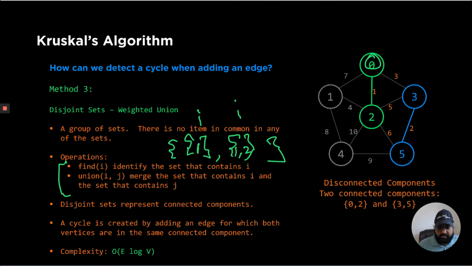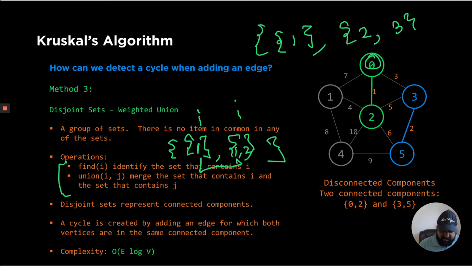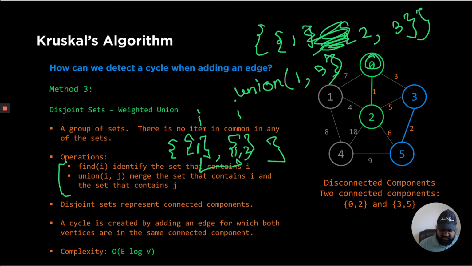The other operation is the union operation, which merges the set that contains I and the set that contains J. So if you have a set with 1, and another one with 2 and 3, and I perform a union operation with the values 1 comma 3, it is going to merge these two sets. Now there will be just one set, which is 1 2 3.